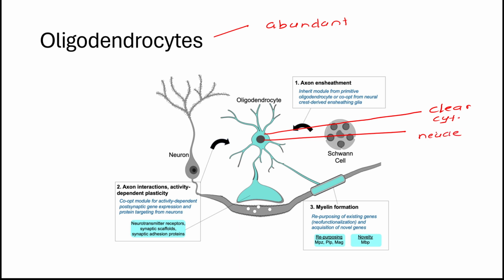Unlike the other cells, especially microglia, which is heavily stained by H&E stains, oligodendrocytes are not so. The other function that it carries out is the ability to form myelin sheaths for the axons. Something very specific about oligodendrocytes is that it can form myelin for multiple axons rather than the Schwann cell, which usually is involved in myelination of a single axon only.